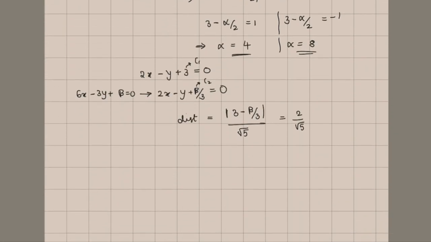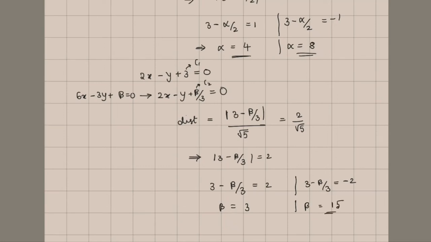Now, this gives modulus of 3 minus beta by 3 equals 2. So there are two possibilities. 3 minus beta by 3 can be 2 or 3 minus beta by 3 can be minus 2. So beta will be 3 in this case, or beta will be 15.